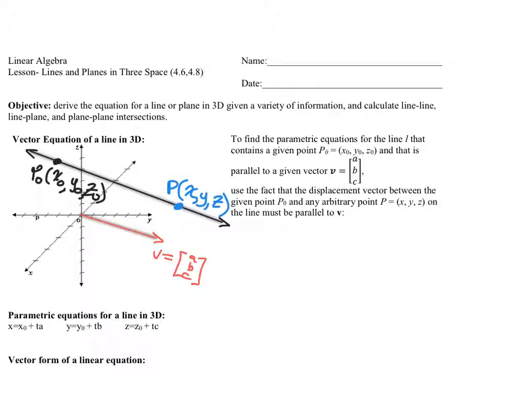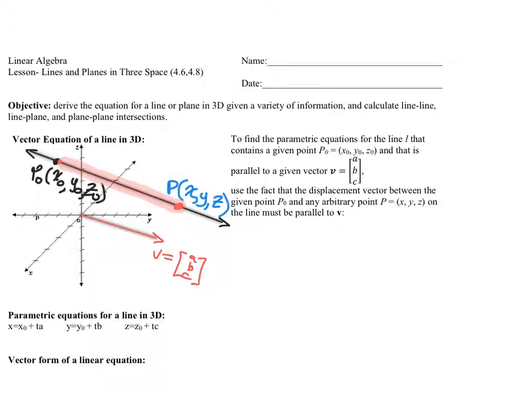That's going to be defined in terms of those values. Now, the displacement vector between P sub O and P, so I can just highlight that. This guy right here needs to be parallel to that vector v in order to define the equation of a line.